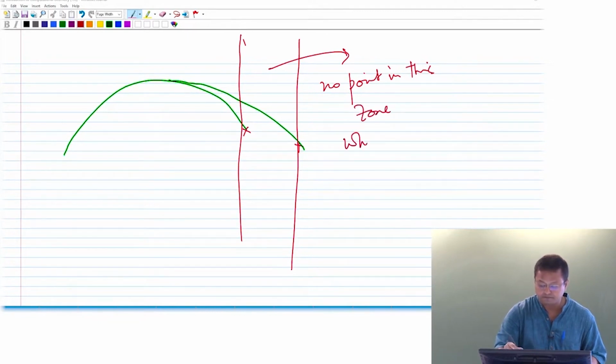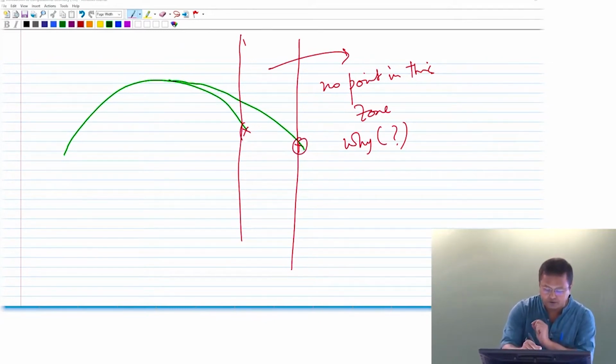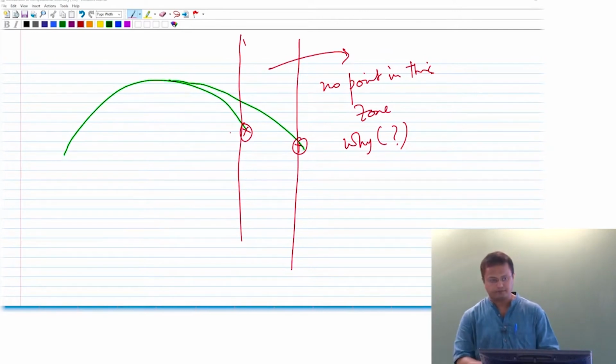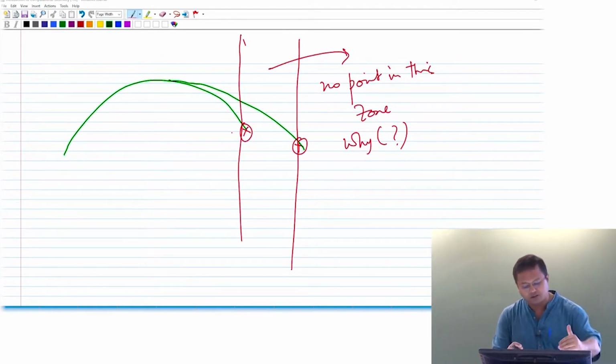Why? Because this point was the immediate next point to this one. Okay. So, by some means I have to figure out that this new chain lies above this old chain and it should give the correct convex hull.